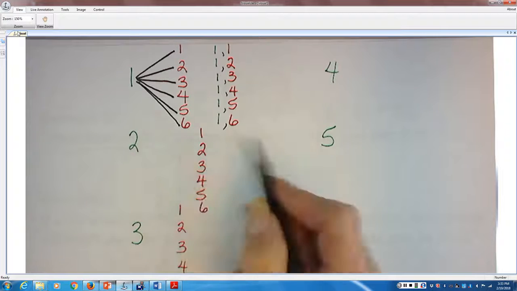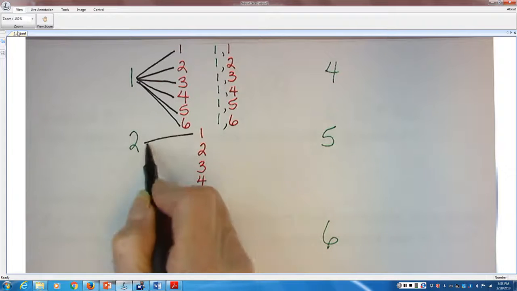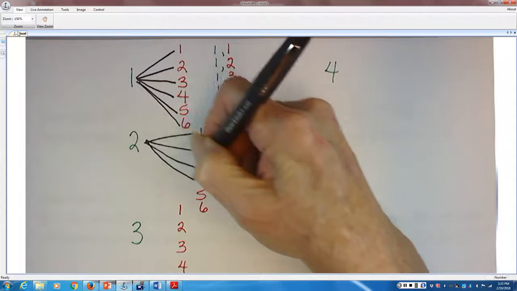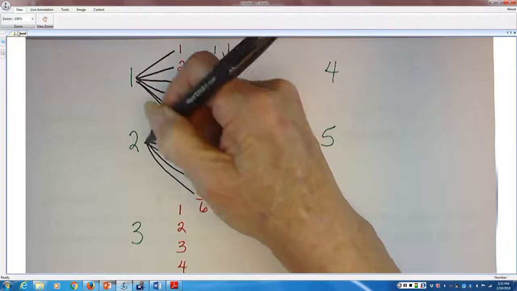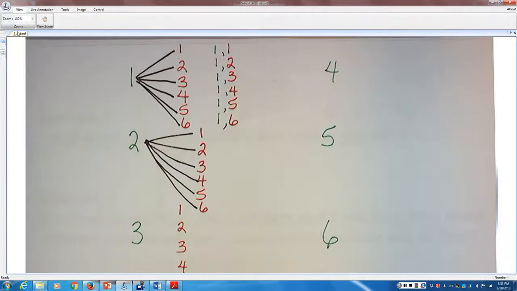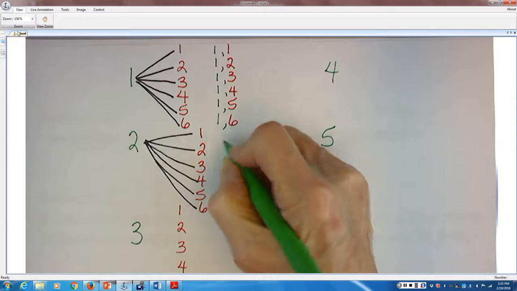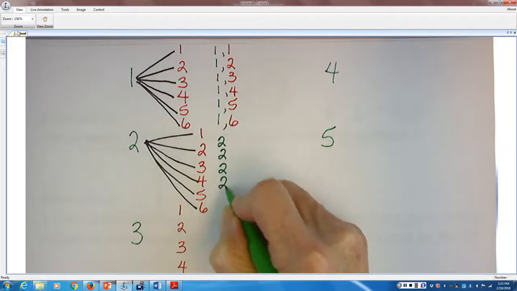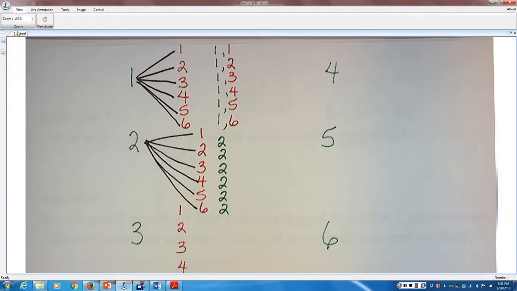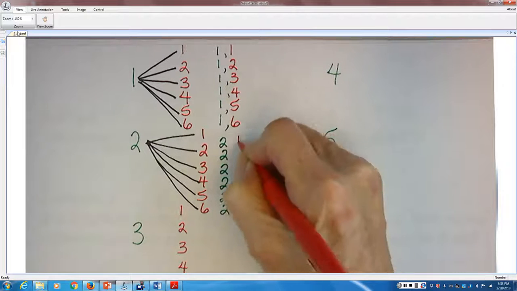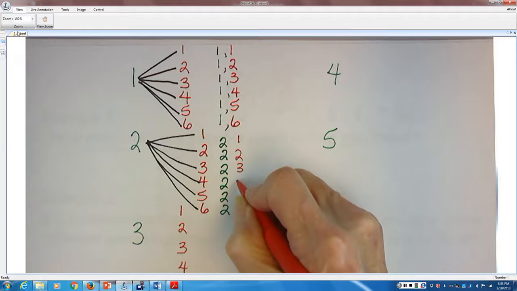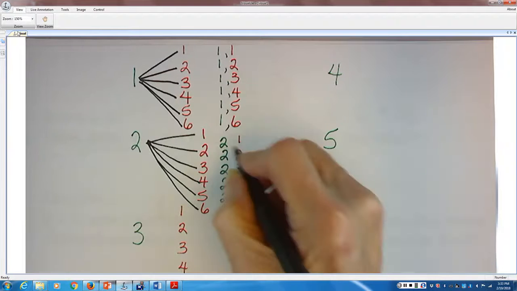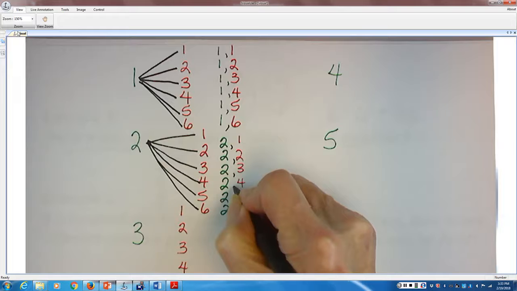But if my 2 comes first, that could be paired with a 1, a 2, a 3, a 4, a 5, or a 6. So my first die says 2, but my second one is different every time. So these are all different outcomes.